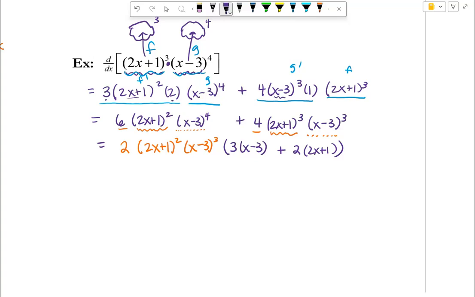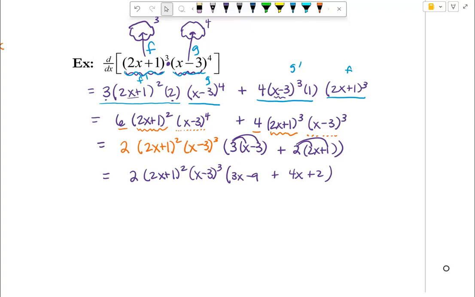The last thing we can really do here is distribute and combine like terms if we can. So our final answer, or the way we would expect to see this written, I should say, is we would have 2 times 2x plus 1 to the second power times x minus 3 to the third power. When I distribute within here, I get a 3x minus 9 plus a 4x plus 2.